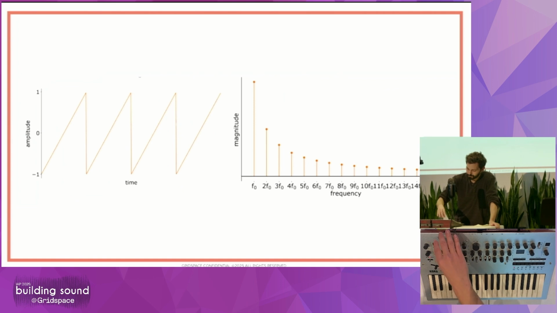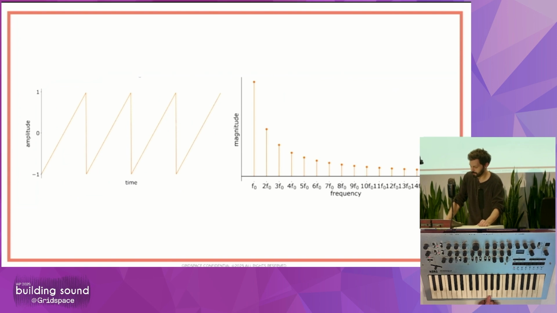So I'm going to set these both to be sawtooth waves. And then we're going to just do it with and without sync turned on. So let me just set the volumes here. So that's just the two sawtooth waves playing.